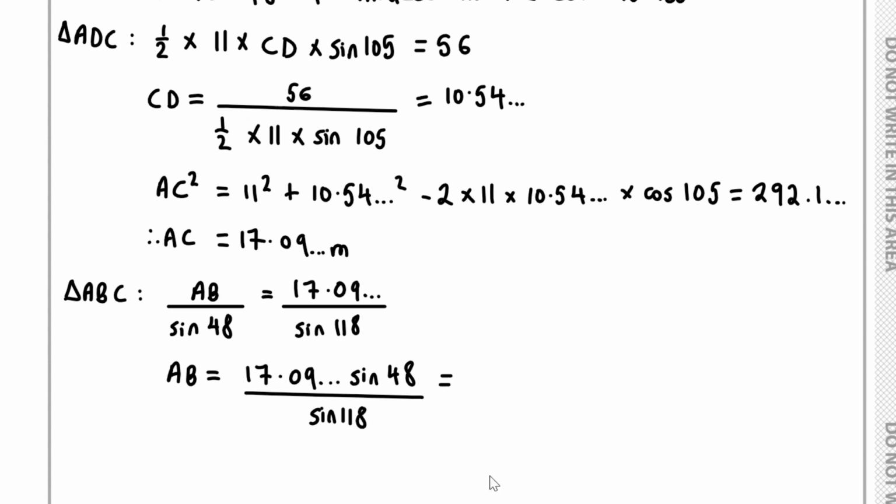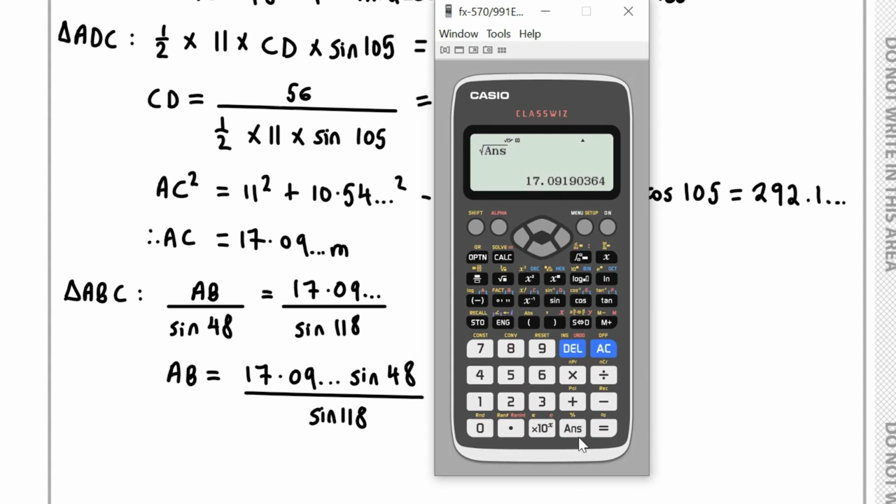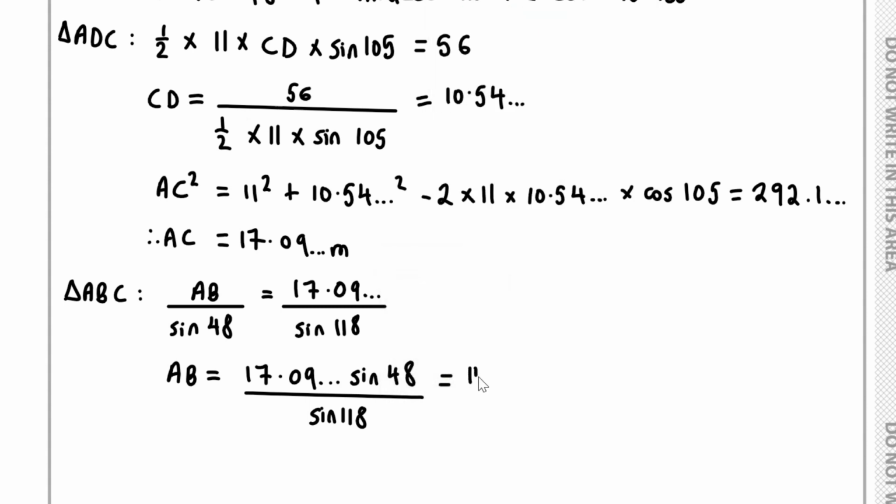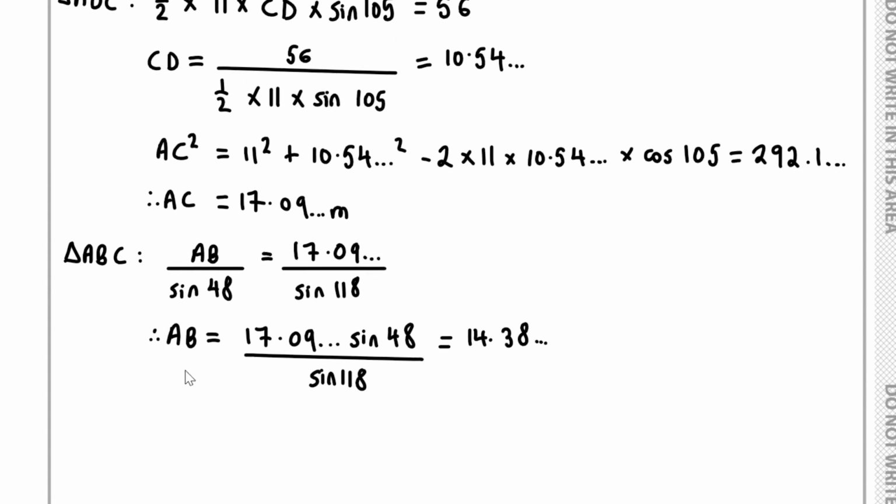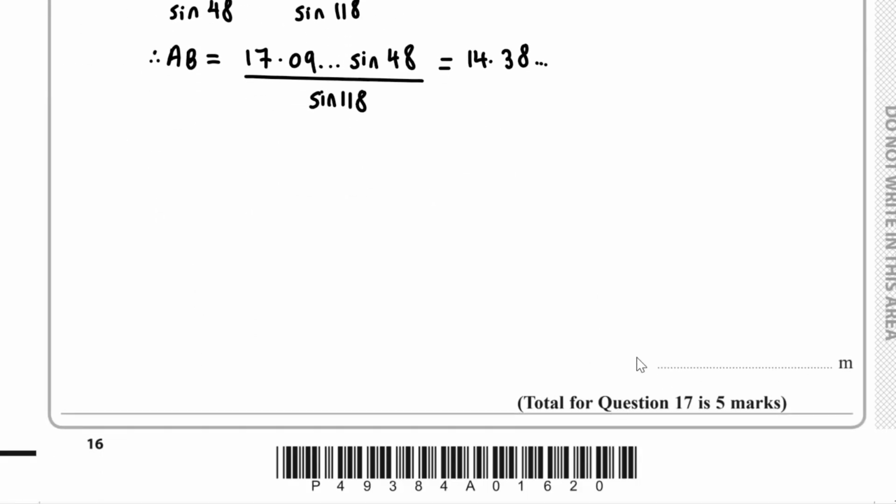If I work this out, it turns out we get 14.38, etc. So therefore AB is equal to 14.4 metres given to 1 decimal place.